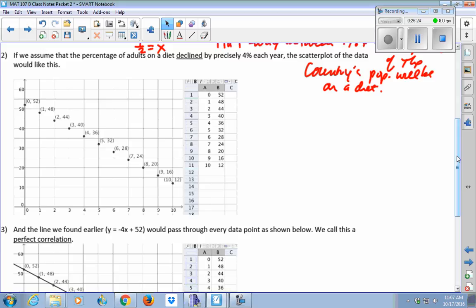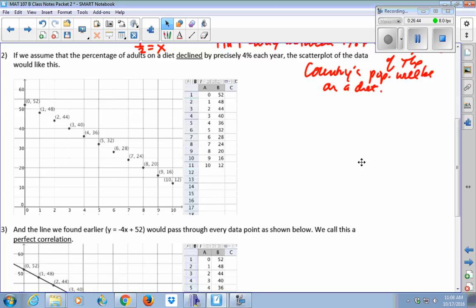If we do what we call a scatter plot in statistics of the data, every single point would fall as each year went down, the height would change by 4. Means we have a drop of 4% in the percentage of people on this diet.